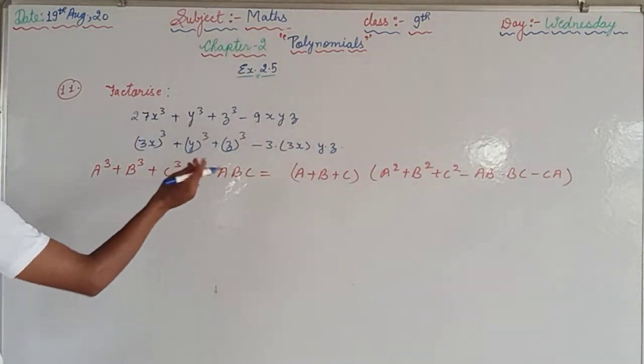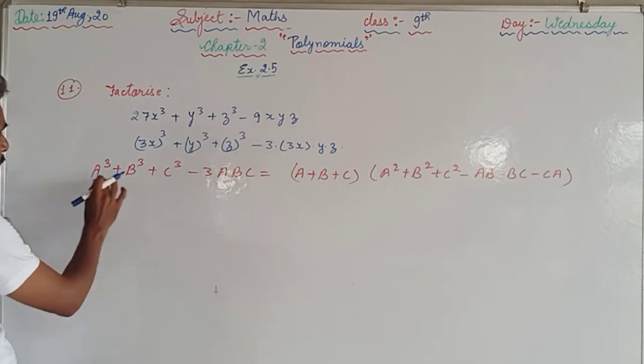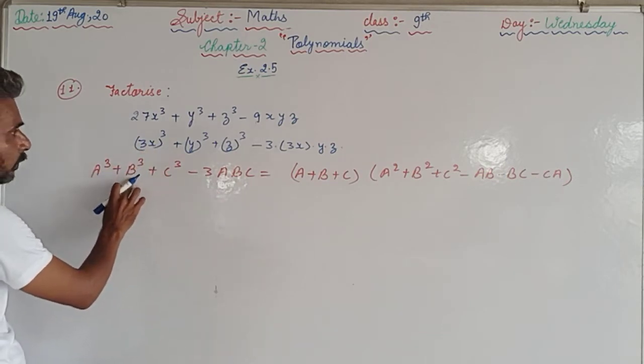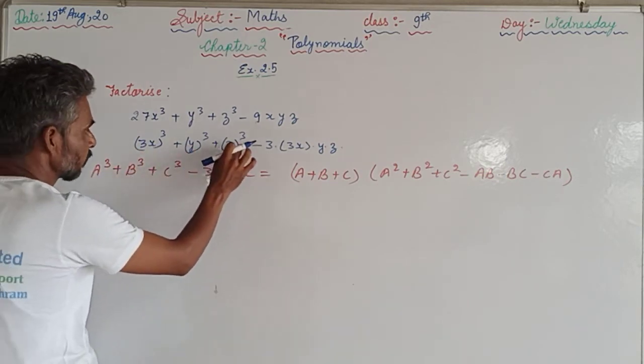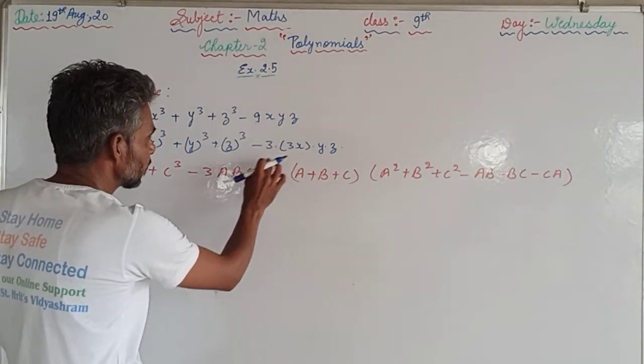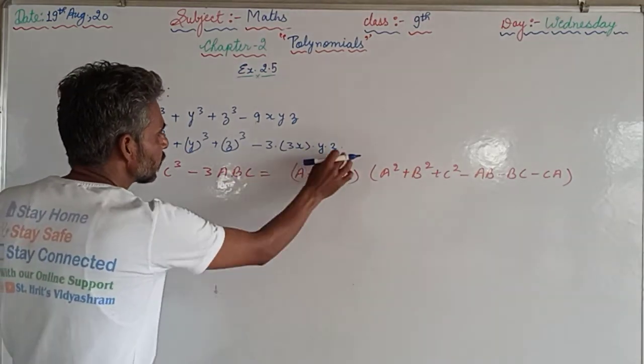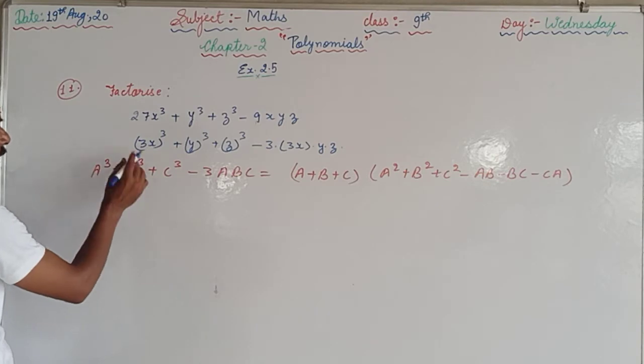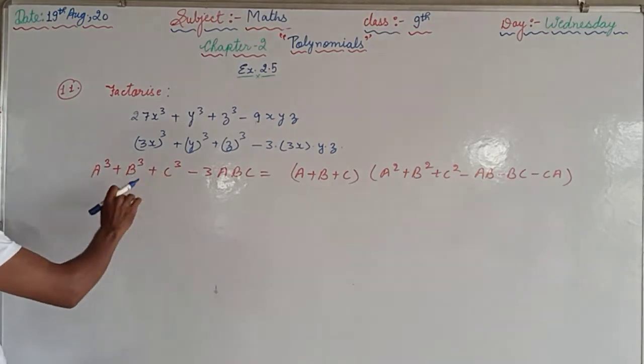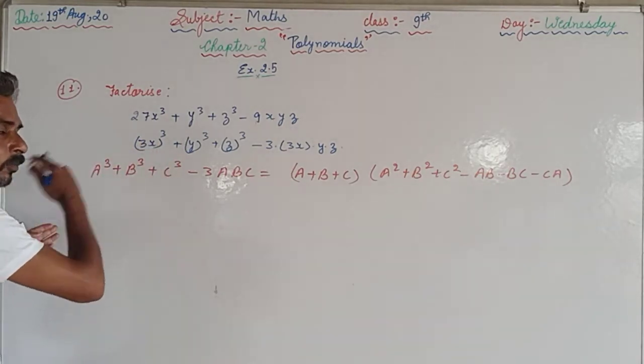Now if you compare this with this, in place of a there is 3x, in place of b there is y, in place of c there is z. So we are supposed to substitute the values of a, b and c, that is 3x, y and z, on both sides.